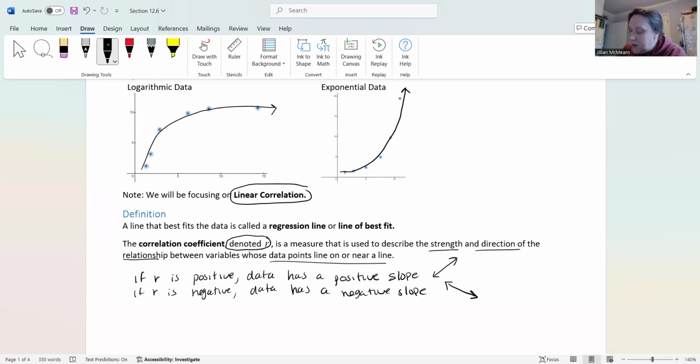Okay, values of r close to 1 or negative 1 indicate a strong relationship. It'd be cool if I could spell, huh?